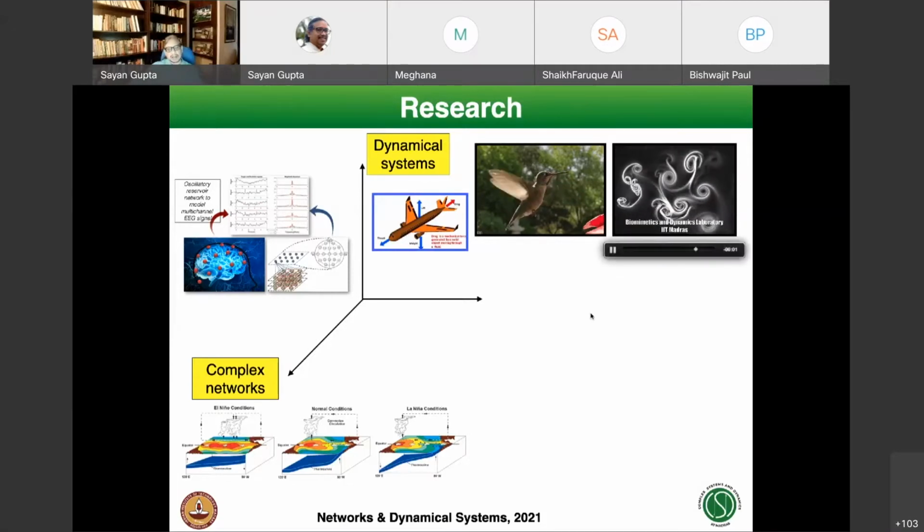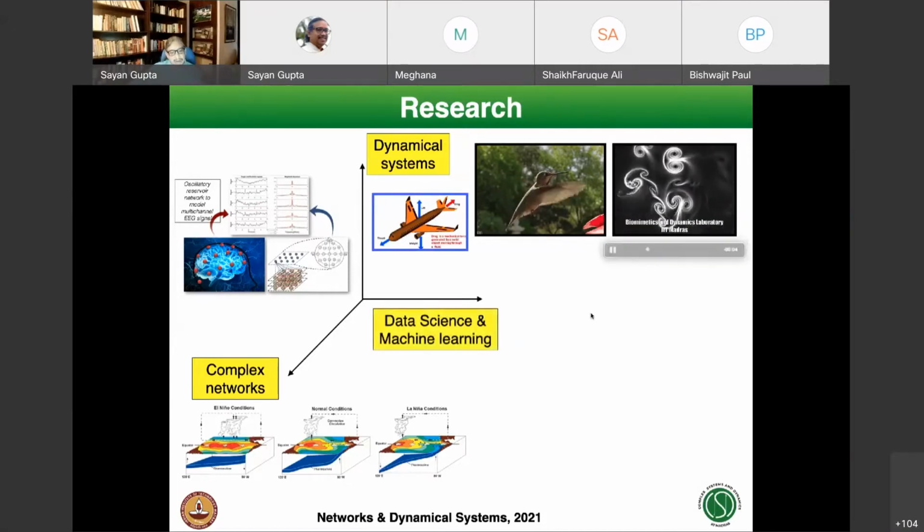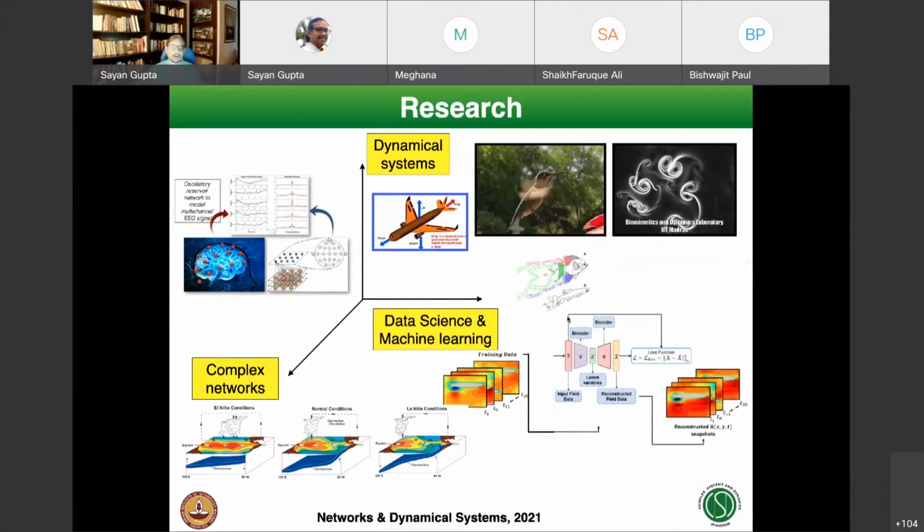And the next axis is data science and machine learning. So this is something new that has evolved over the past couple of decades, where with the evolution of sensing technologies, we now have large voluminous data. And with that data, we have more knowledge about the system than just the physics associated with that system.